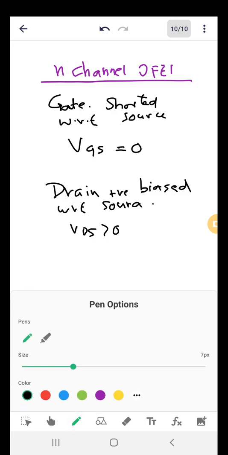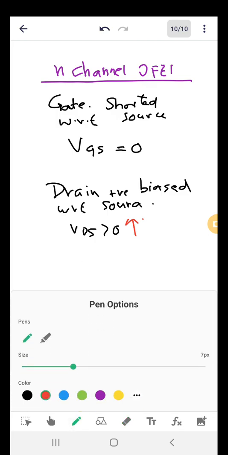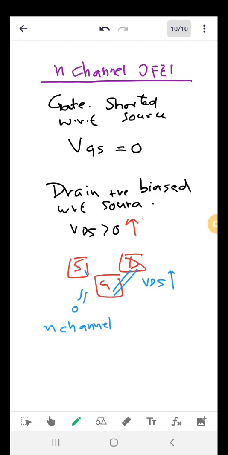So when we increase the drain-source voltage, with a source, a drain, and a gate, the N channel near the drain starts narrowing.